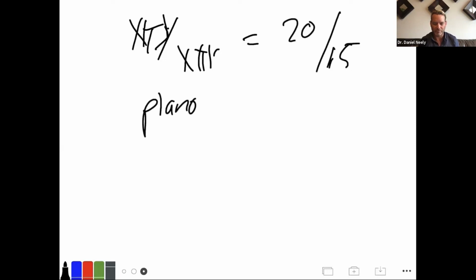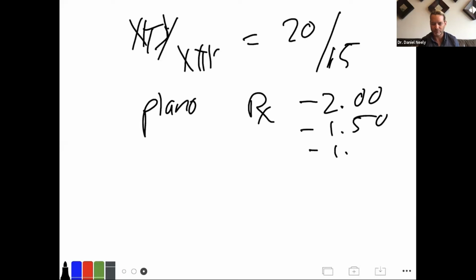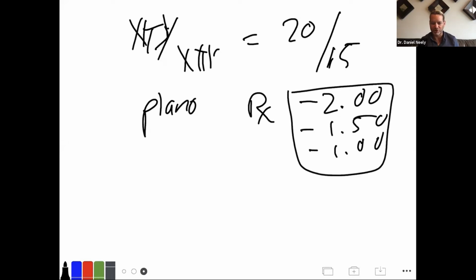All right. So for them, you might over-minus Rx them, give them -2, -1.50, maybe -1. Most kids can tolerate anything like that. Now, an adult probably wouldn't tolerate that. But what are you doing here? You're giving them minus correction, but their refraction is plano.